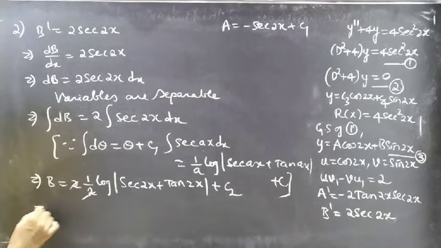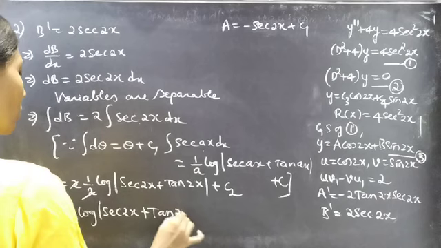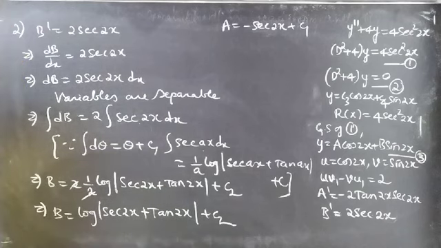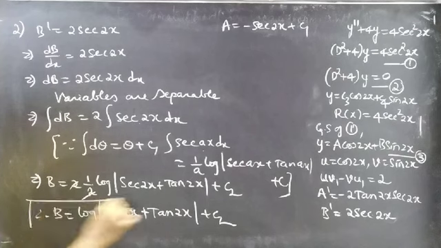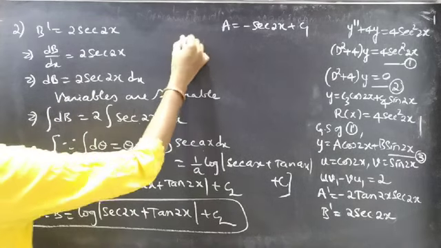Here the 2 gets cancelled and we'll get B equals log mod secant 2x plus tan 2x plus c2. Okay, so we got A and B.